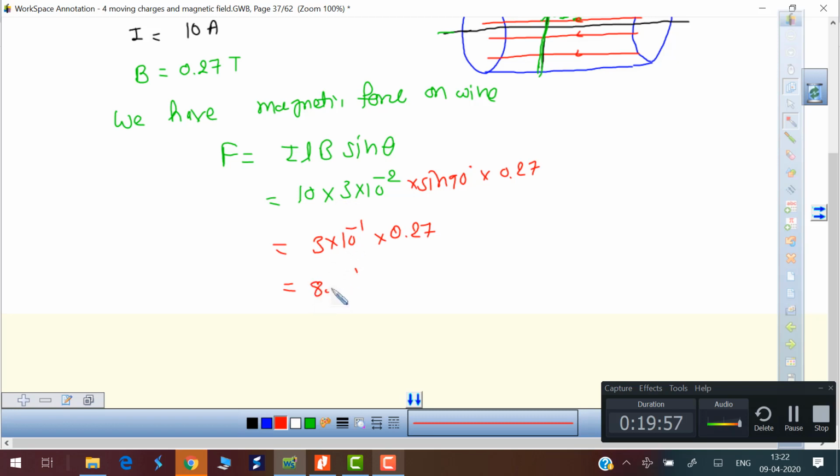So 8.1 into 10 raised to minus 2 Newton per meter. See, if I am not multiplying this, then I am getting 30, so 3 Newton per meter, and it is a very large value. So I had made some mistake. So this is the force on this conductor.